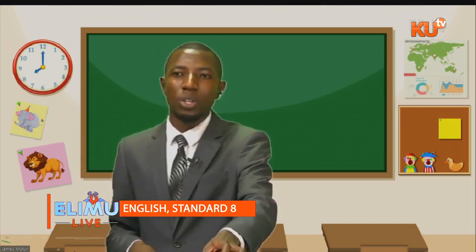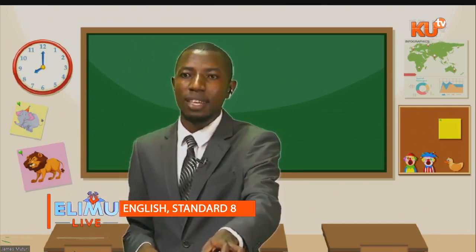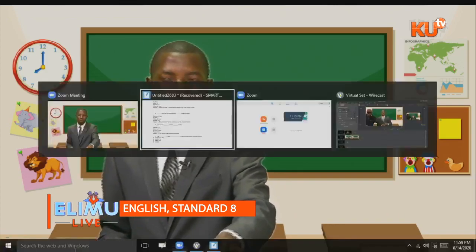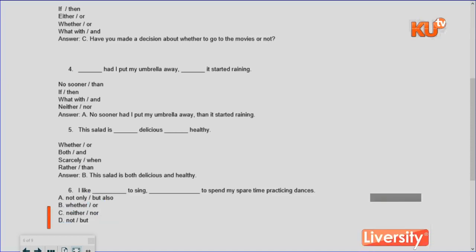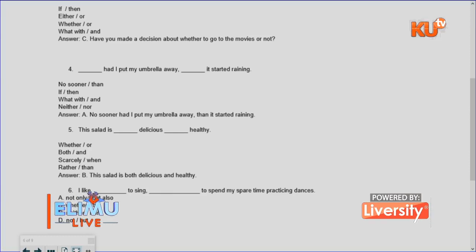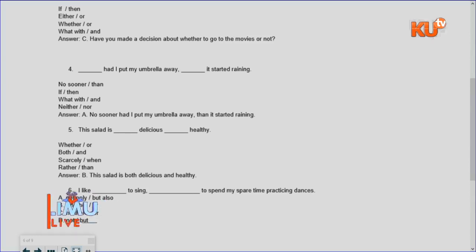So we go on to the next exercise, to the next question. That is question 5. This salad is dash delicious dash healthy. This salad is whether delicious or healthy, is both delicious and healthy, is scarcely delicious when healthy, is rather delicious than healthy, is okay.